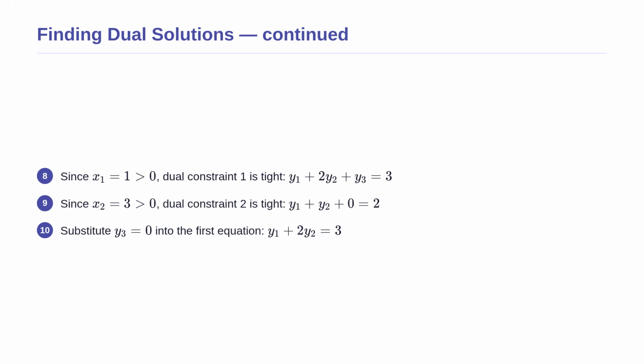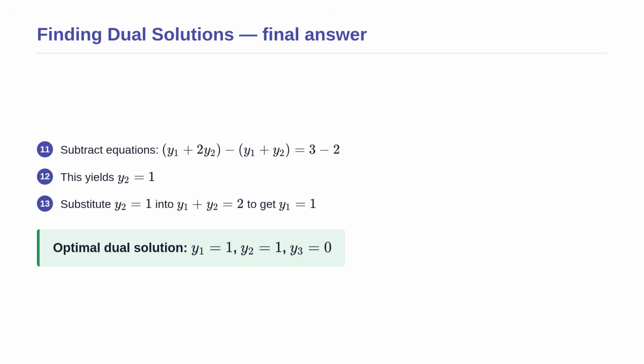By substituting our known value of 0 for y3 into the first equation, we simplify our system to 2 basic linear equations. We solve this simple system by subtracting the second equation directly from the first, which immediately gives us y2 equals 1. Substituting this back into the second equation gives y1 equals 1.